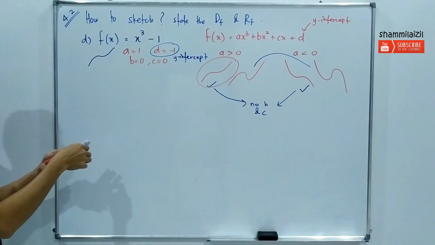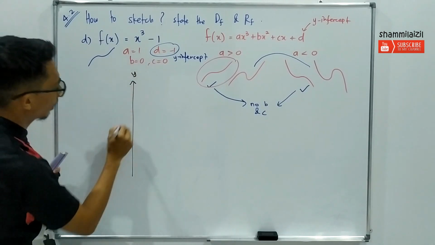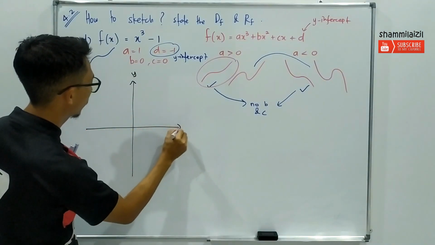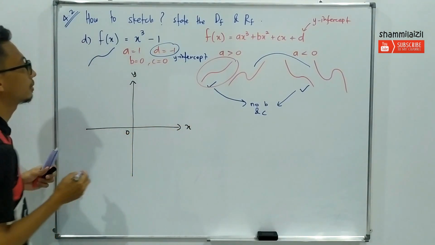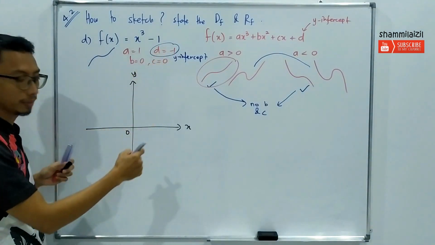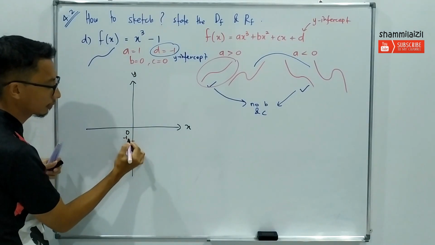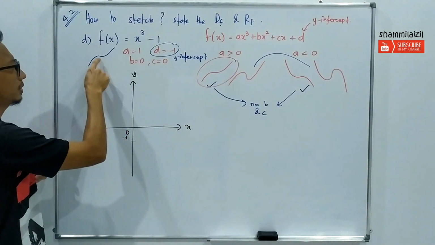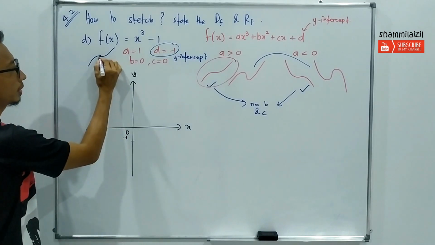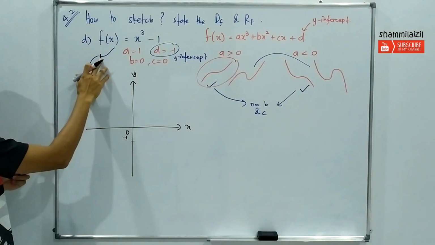You can draw the graph already. So y, x, 0. Your d is -1. So let's say somewhere here is -1. Okay, guys, if this is the graph, -1 will be somewhere here. Here is your -1.